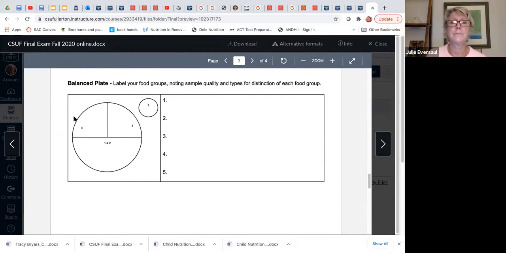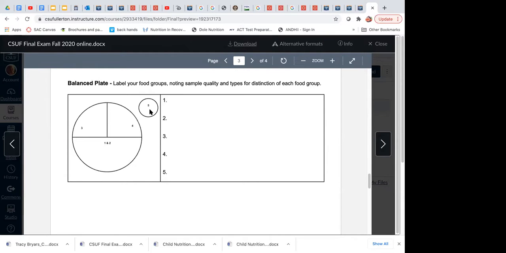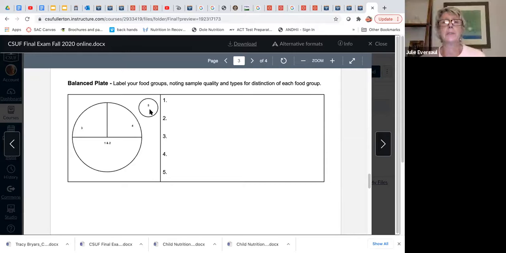And then lastly, label your balance plate. Okay, and when you list number 1 and 2, number 3, 4, and 5, qualify them. So what's number 5, folks? Dairy. Okay, dairy or non-dairy, depending on who you are, right? But the bottom line is, if you put dairy, be cautious.